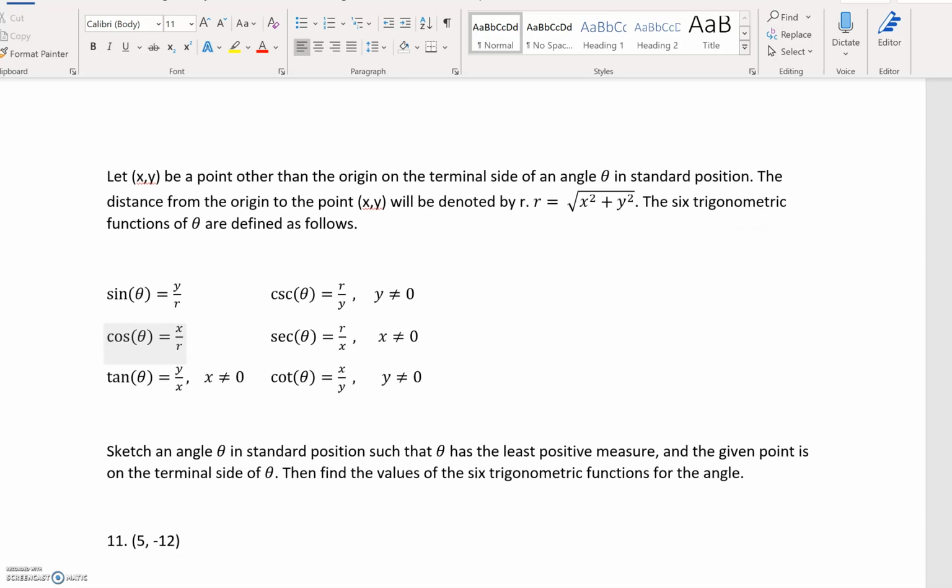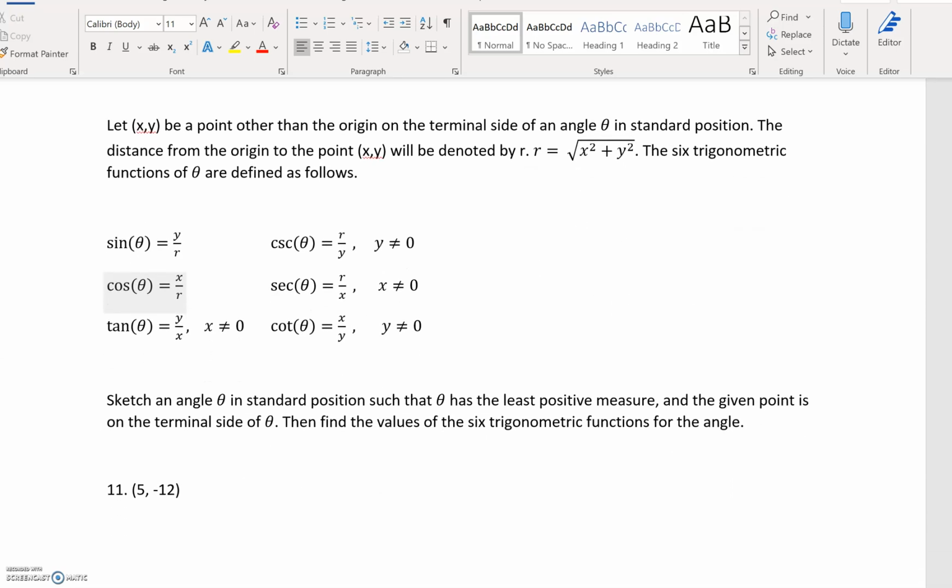So for a point x, y, other than the origin, on the terminal side of an angle theta, the 6 trigonometric functions are defined as follows. Sine of theta is equal to the y coordinate divided by r.